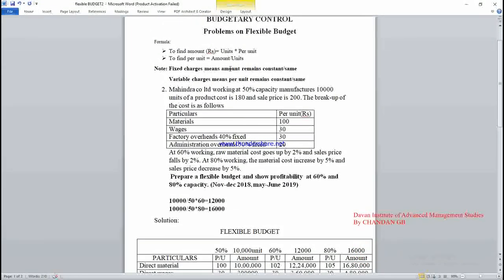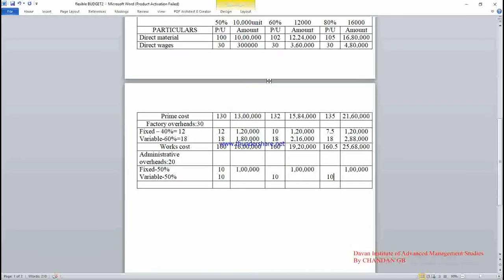Fixed charges remains constant for all the units. Variable charges per unit remains constant for all the capacity. Clear? 10 rupees into 10,000 units, the amount 1 lakh remains constant for all the capacity. Like that variable charges per unit remains constant for all the capacity.